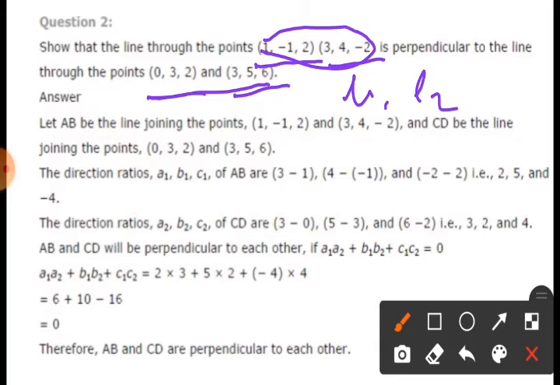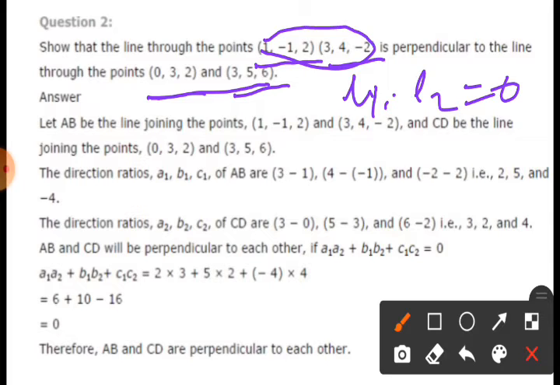These two lines are perpendicular, which means L1 dot L2 equals 0. This is the concept of this question.